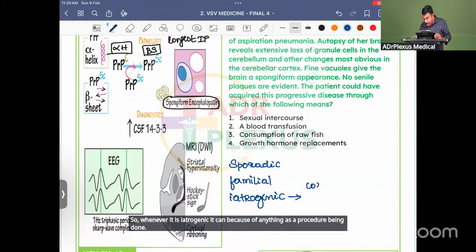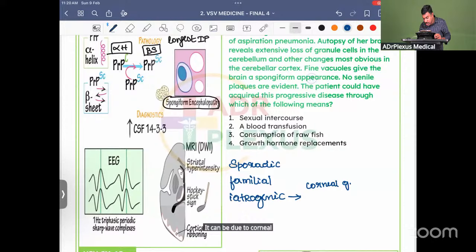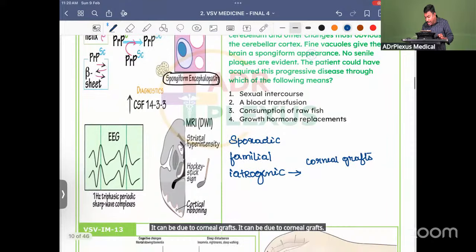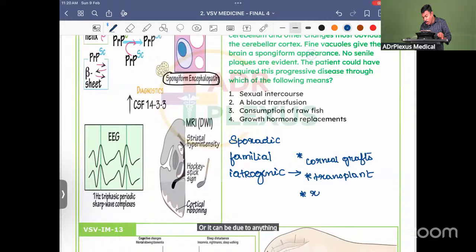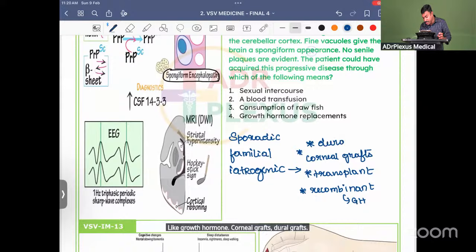It can be due to corneal grafts, or any transplant organ, or anything which is a recombinant technology product, like growth hormone, corneal grafts, dural grafts. All these can be iatrogenically inducing prion disease.